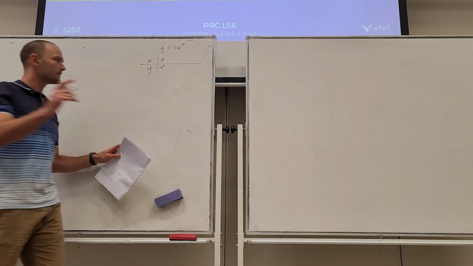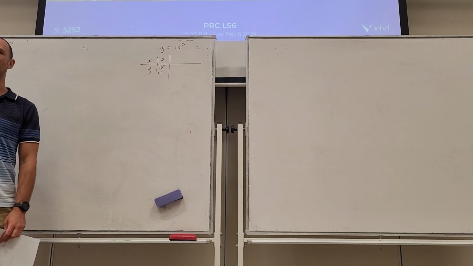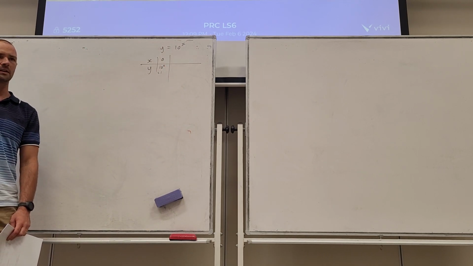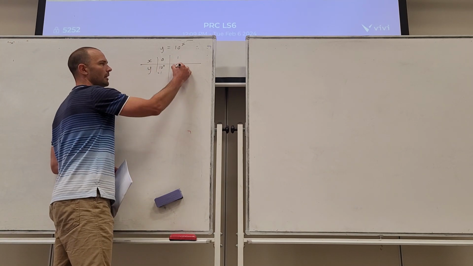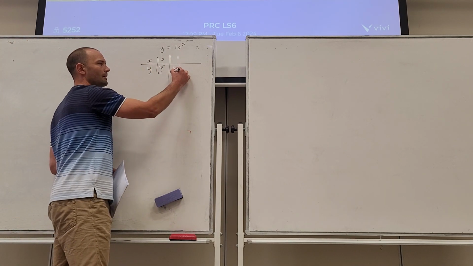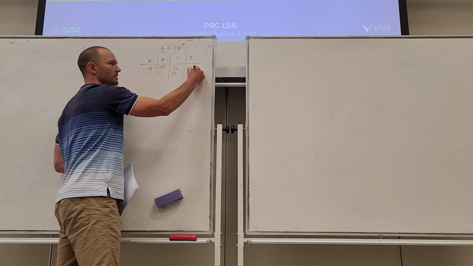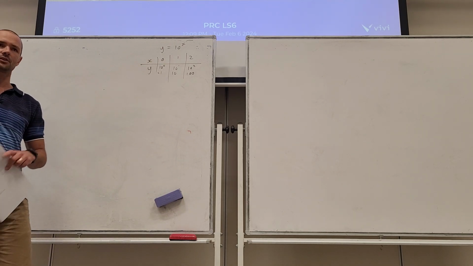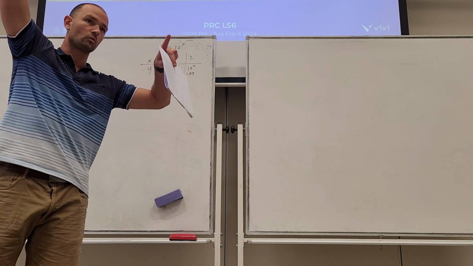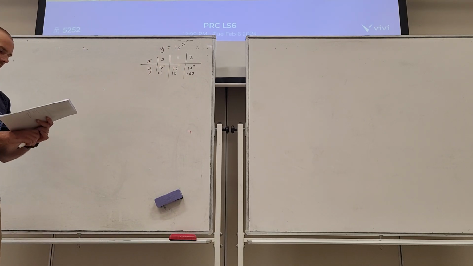Any number to the power of 0 would be 1. So when x is 0, y is 1. That's the y-intercept. If x is 1, then y is 10. If x is 2, then y is 100. 3, 1,000. 4, 10,000. So you can see exponential growth, right? This is an exponential function.